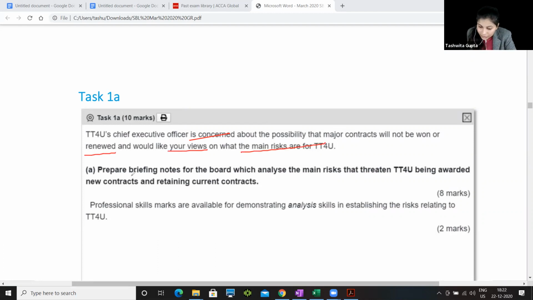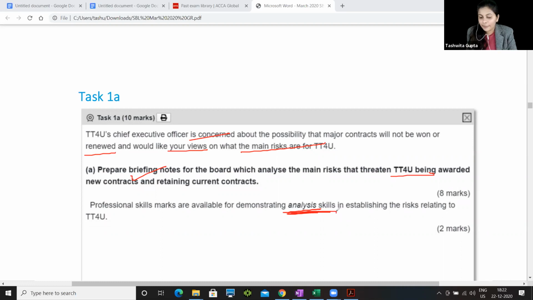Prepare briefing notes for the board which analyze the main risks that threaten TT4U being awarded new contracts and retaining current contracts. Professional skills marks are available for demonstrating analysis skills in establishing the risks related to TT4U.